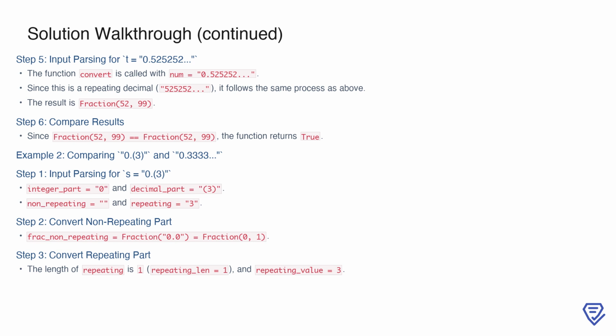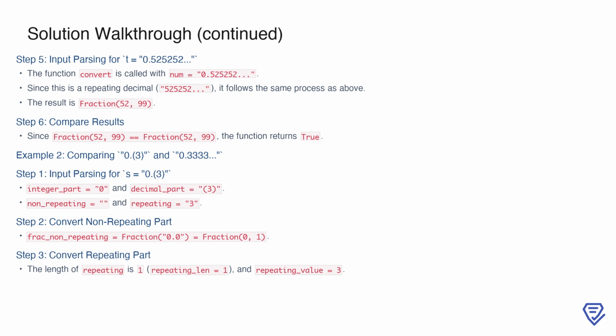Next, let's look at another example, where we compare s equals 0.(3) and t equals 0.3333. For the input s equals 0.(3), the number is parsed into integer_part equals 0 and decimal_part equals (3). Here, the non-repeating part is empty, so non_repeating equals an empty string, and the repeating part is repeating equals 3.